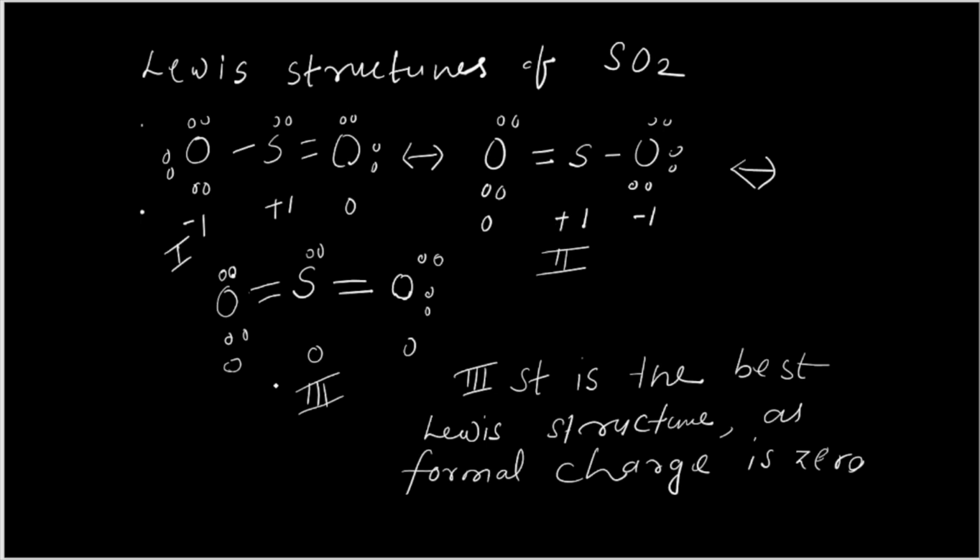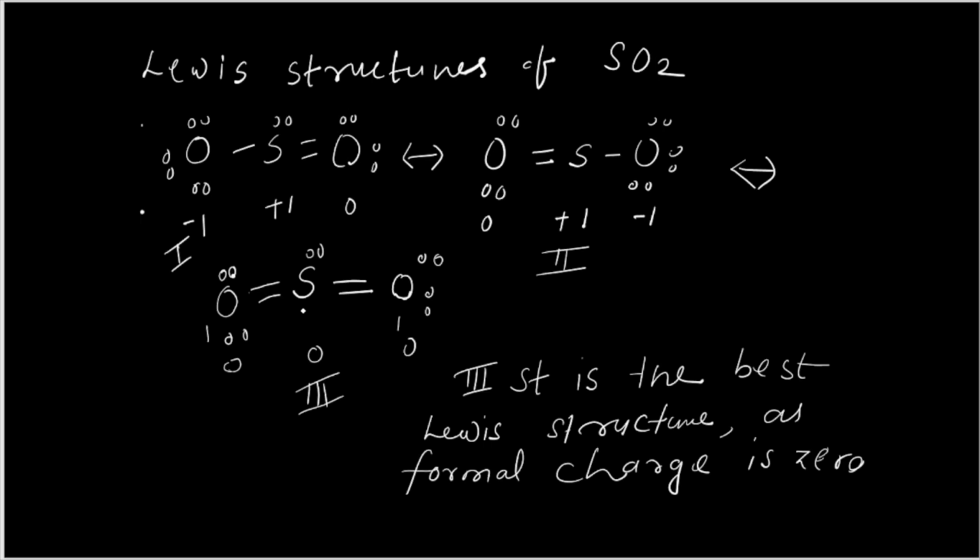And when you come to this third structure, here from oxygen 1 and oxygen 2, the electron moves to sulfur. That means here you can find the Fc, that is formal charge, 0 for oxygen 1, 0 for oxygen 2, and 0 for sulfur. So the third structure is the best Lewis structure, as formal charge is 0 for oxygen 1, oxygen 2, and for the sulfur.